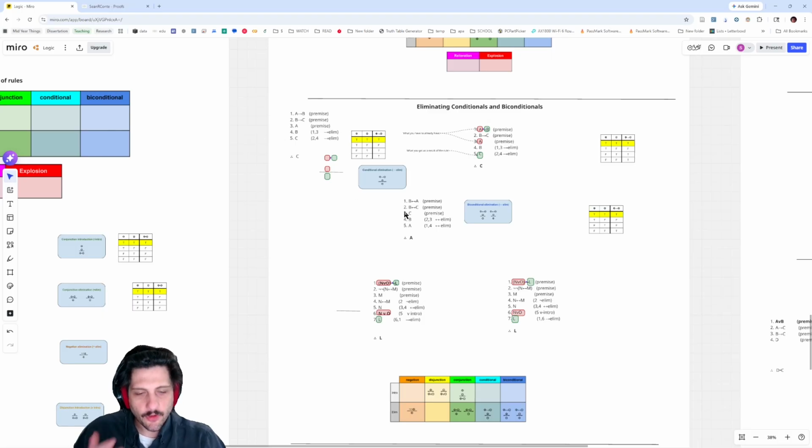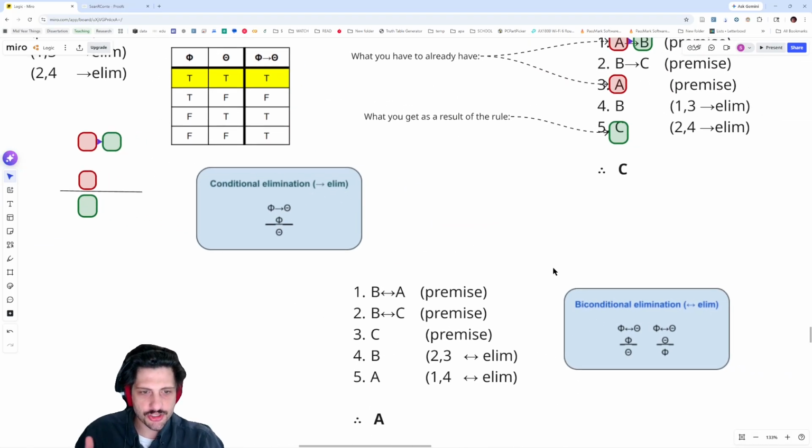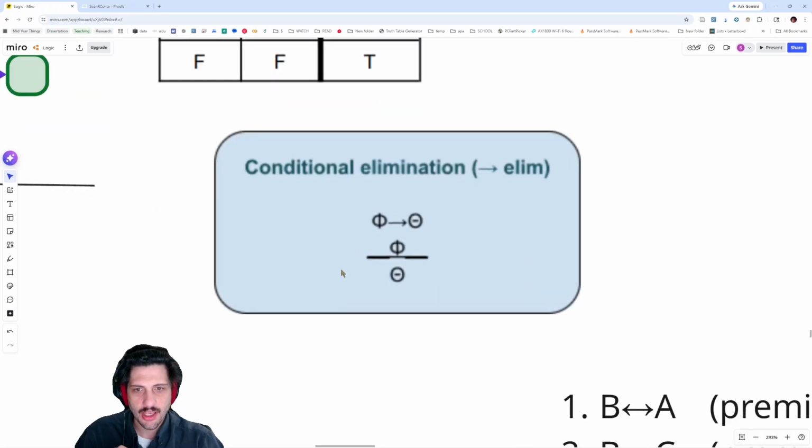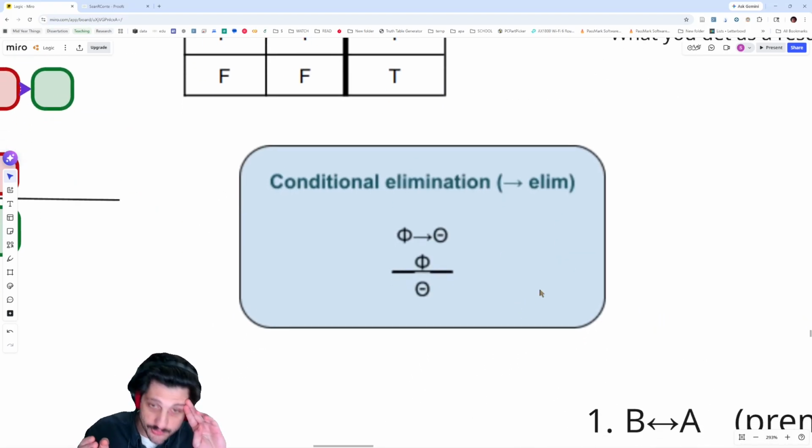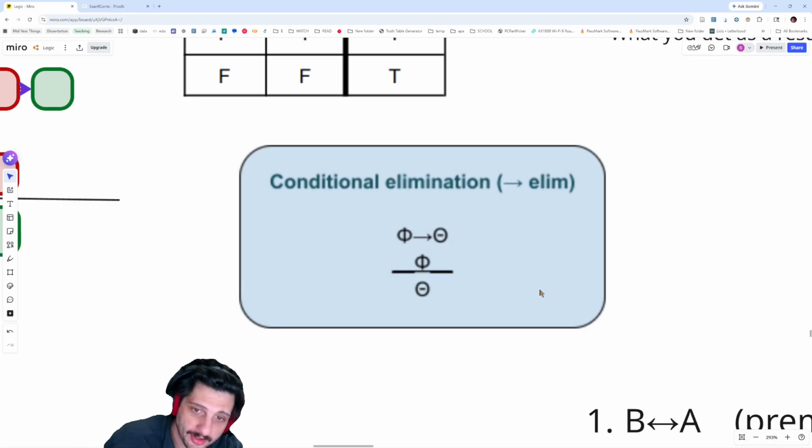First, we started talking about conditional and biconditional elimination. Conditional elimination was really just modus ponens that we looked at from way back when. This idea that if something leads to another thing, and you know that something is true in the first place, then you know that other thing would have to be true.